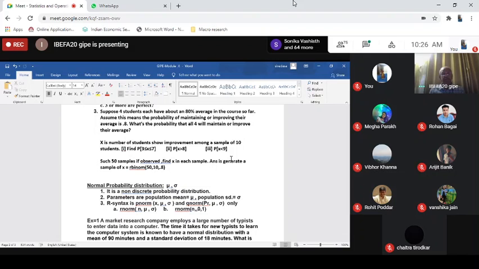If I choose group of such 10 samples, 50 samples means how many students? 500. If I choose 50 samples of 10 students from the institute, how many students I am choosing? 500, sir.